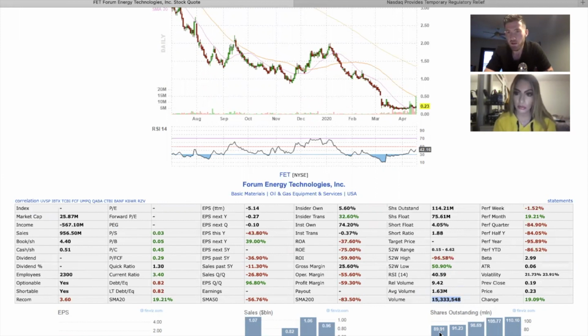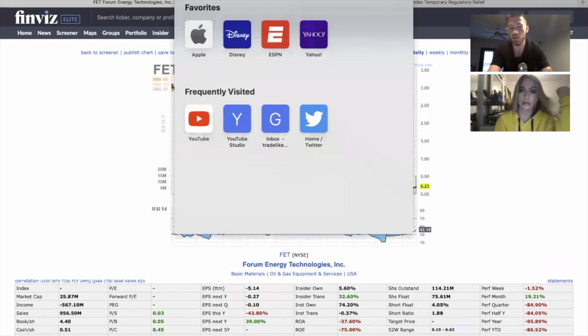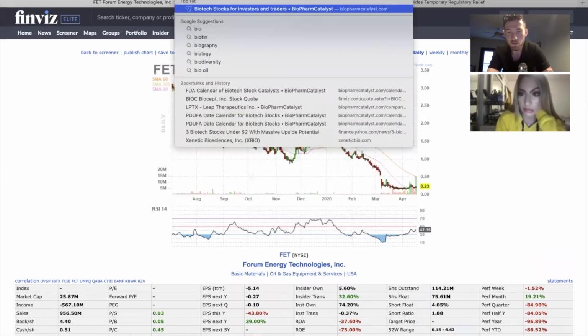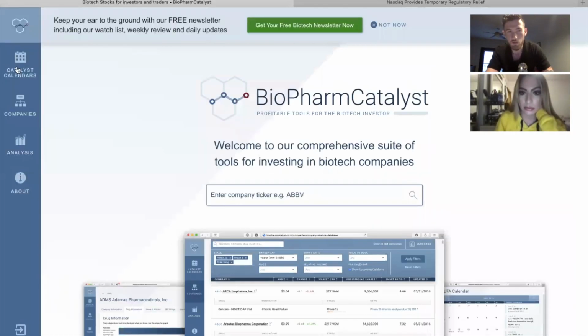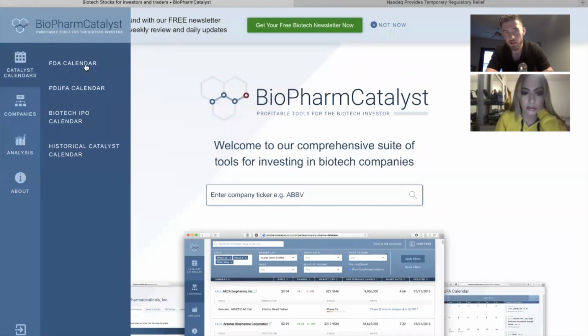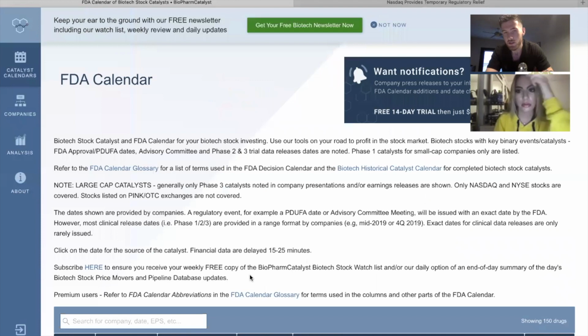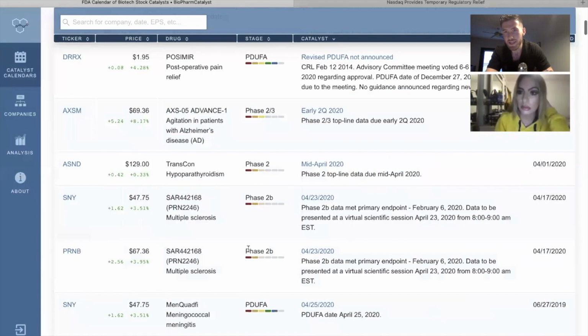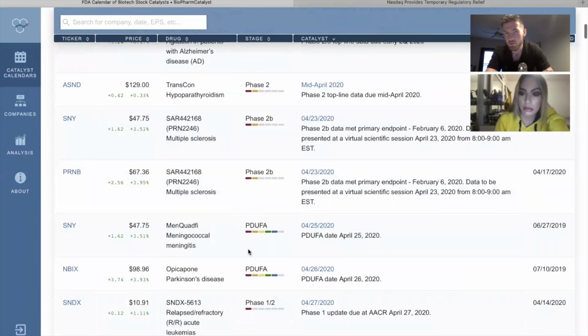So outside of that, one last thing that I like to look for when I'm trying to find my next trades that I want to show you guys. I've talked about this in previous videos, but just to do a quick recap on it, then I'll go to Biopharm Catalyst and I'll look down through the FDA calendar here because for volume based and momentum traders, catalysts are going to be your friends because catalysts always bring volume.